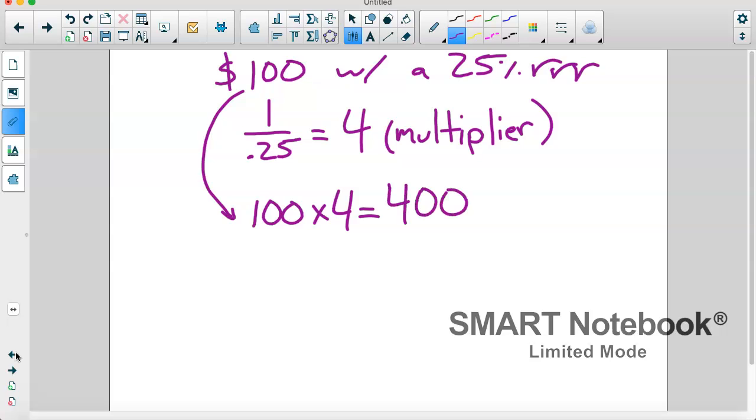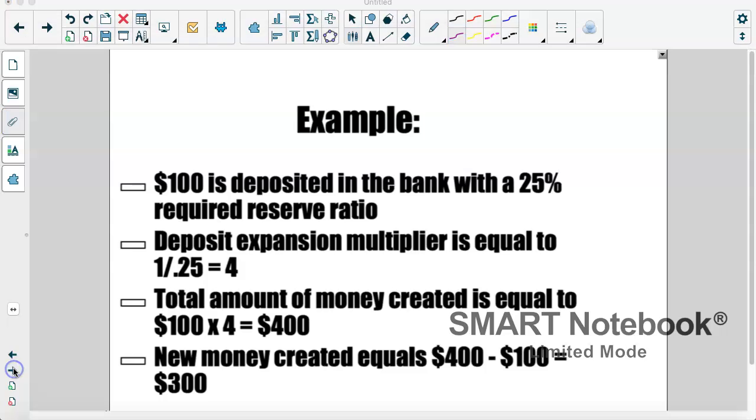That is $400 worth of stuff that is bought with that $100 deposit. Okay? So those $400 are $400 worth of cars, of businesses, of student loans, of whatever is being bought with our deposited money. $400 of the stuff is going to be able to be produced.